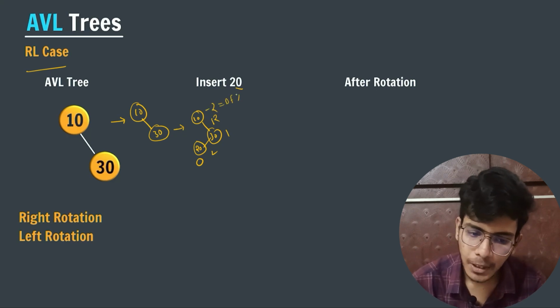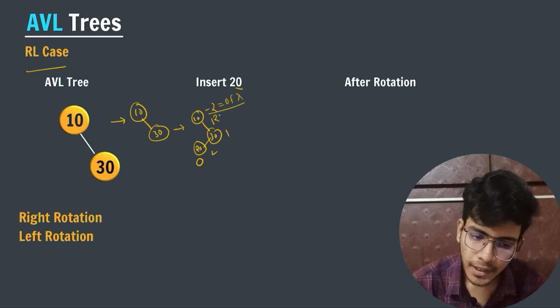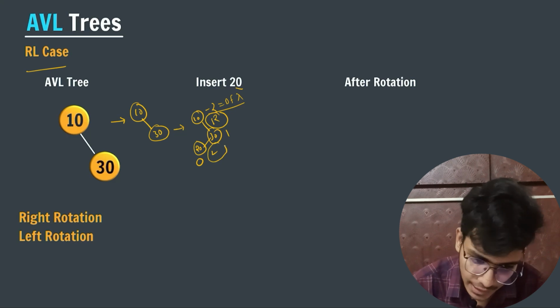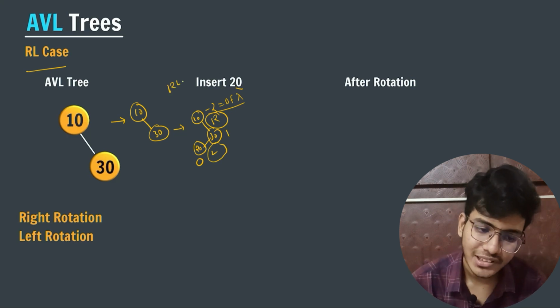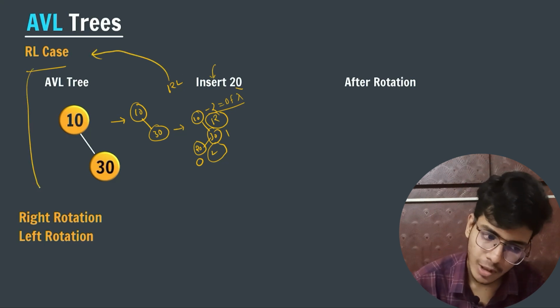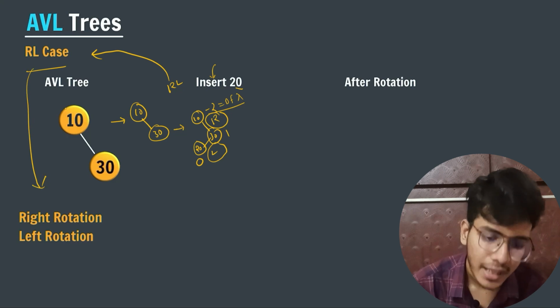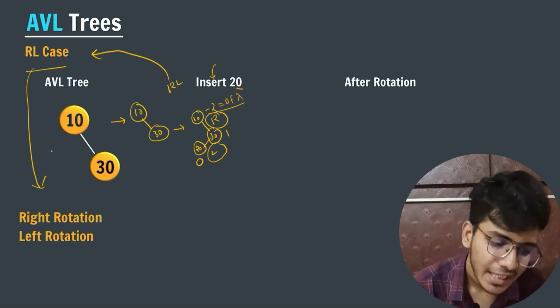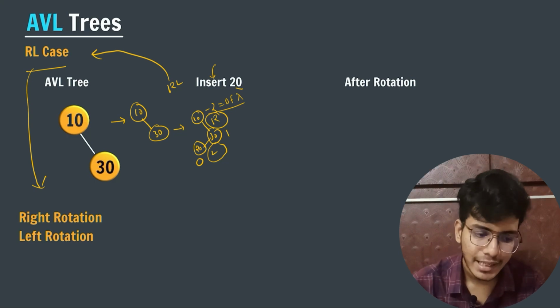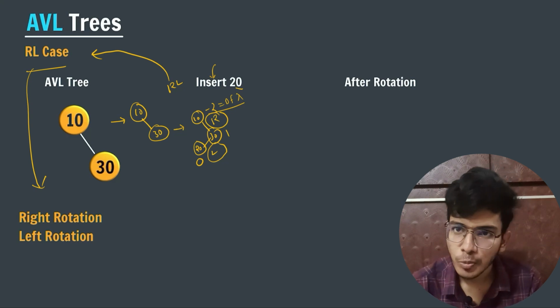So my balancing factor got disturbed because of inserting an element on the right side and then on the child's left side. Because of this RL case, my whole tree became unbalanced, and whenever I get an RL case, I will first perform a right rotation, and after that a left rotation, and after this whole thing I will get a balanced BST.